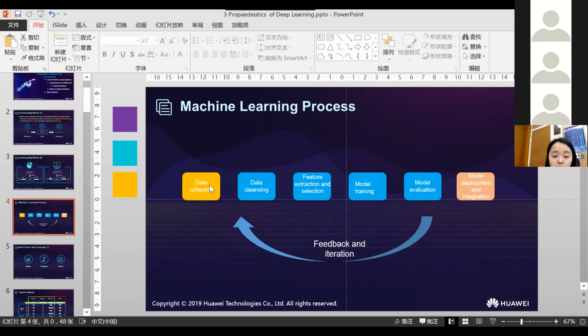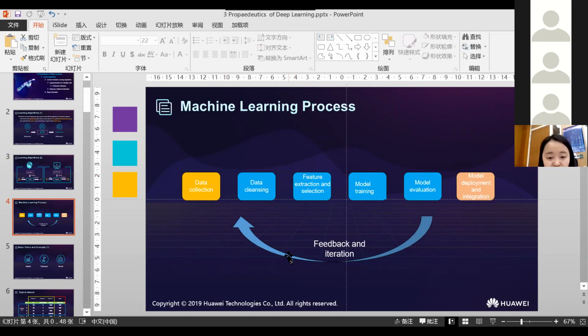And usually for the machine learning process, how to create machine learning models, train them and deploy them, we can divide the whole procedure into 7 steps. First, we need to collect a lot of data, and then we need to do data cleaning to drop some null values and to clean some dirty samples.